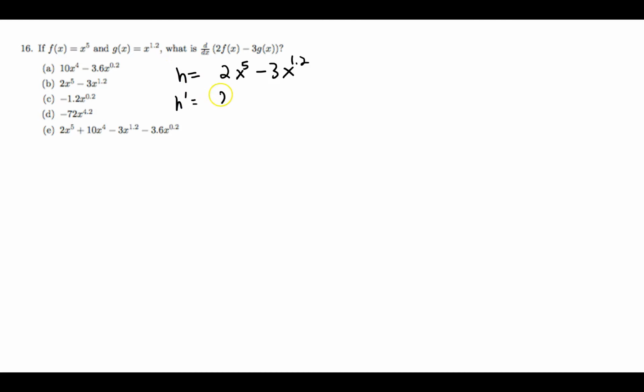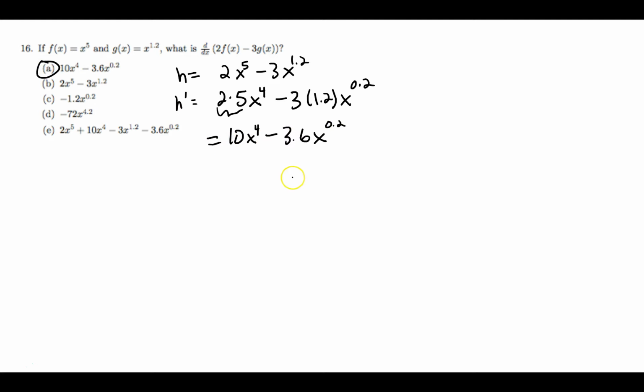So h prime: keep the 2, bring down the 5 and take x to the 4, keep the negative 3, bring down the 1.2 and take x to the 0.2. That's it. And so 2 times 5 is 10, x to the 4. If you triple 1.2, you get 3.6, and then x to the 0.2. And there's your derivative. I think it's letter A.